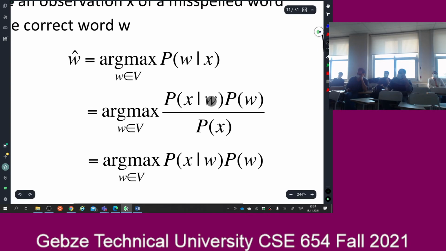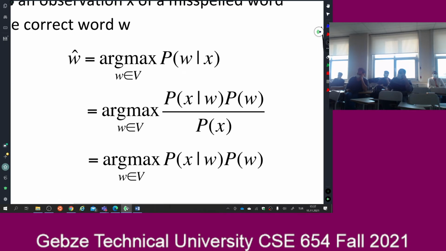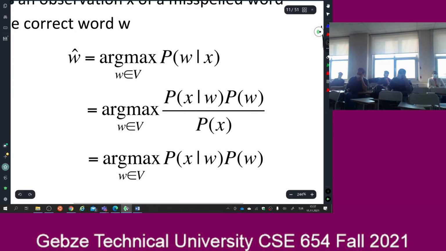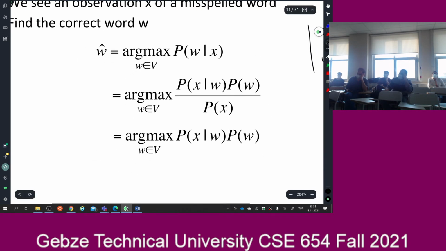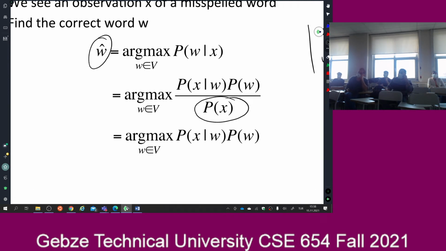Given the correct word, the probability of writing this word in a wrong way, times the probability of this word in the dictionary, over the probability of X. Here I don't have to calculate this P(x). It is difficult to calculate, and I don't have to calculate it. Why? To be able to calculate this W hat, I don't have to calculate P(x).